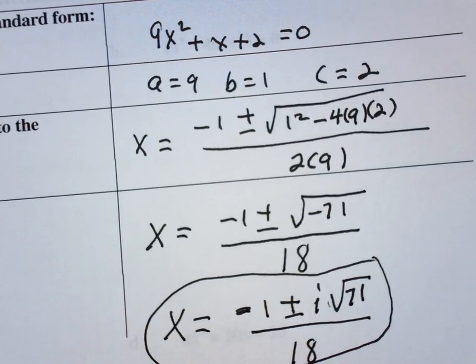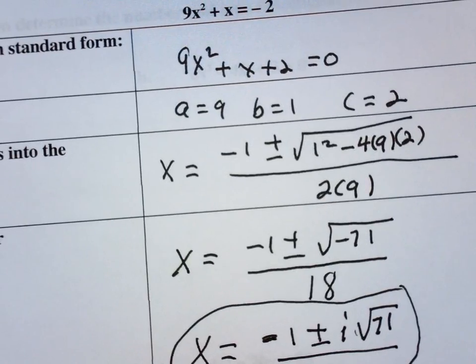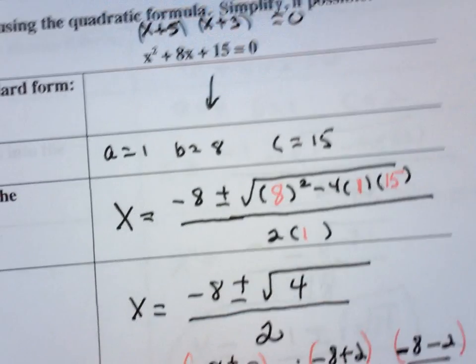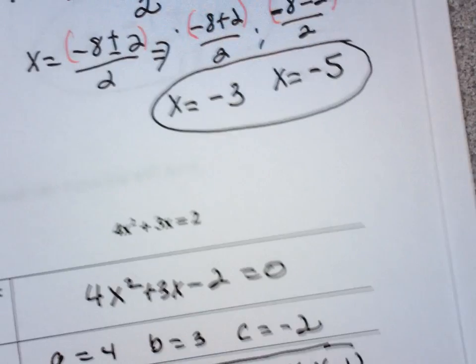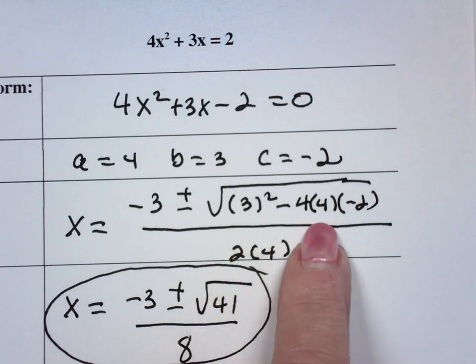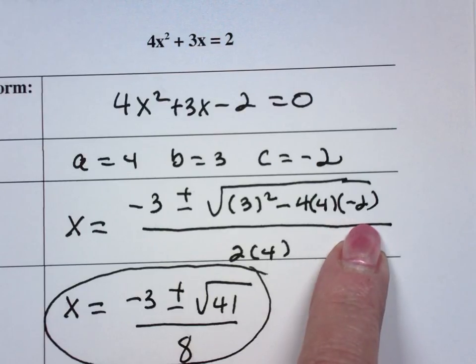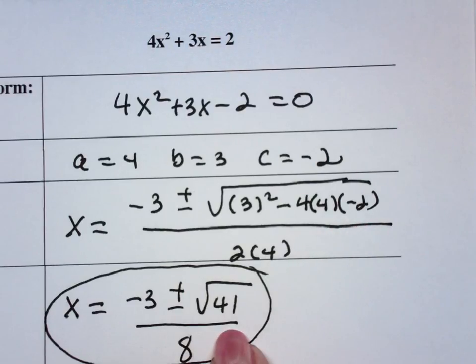Now what you found by working the 3 problems that we've worked is this. What determines the kind of solution we have is what's under the radical. I noticed that if b squared minus 4ac is a positive number like 41, I'm going to have 2 answers, minus 3 minus the square root of 41 over 8, minus 3 plus the square root of 41 over 8.